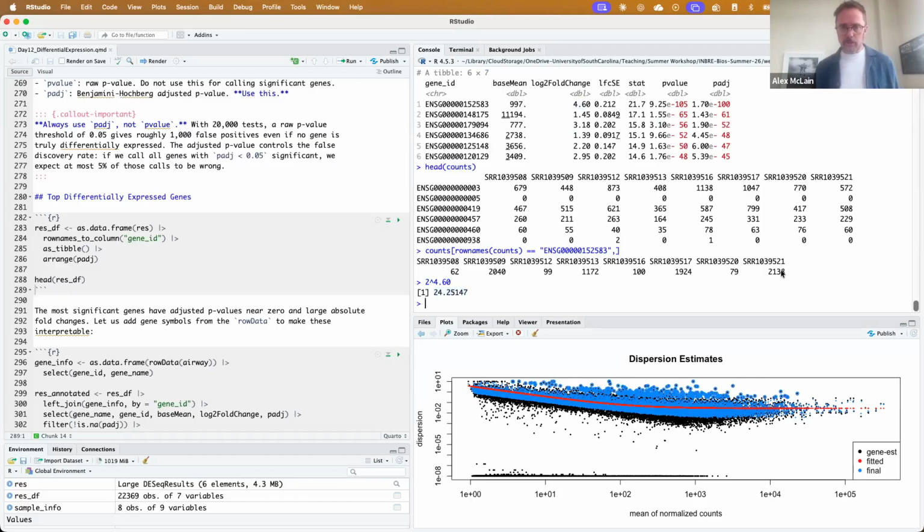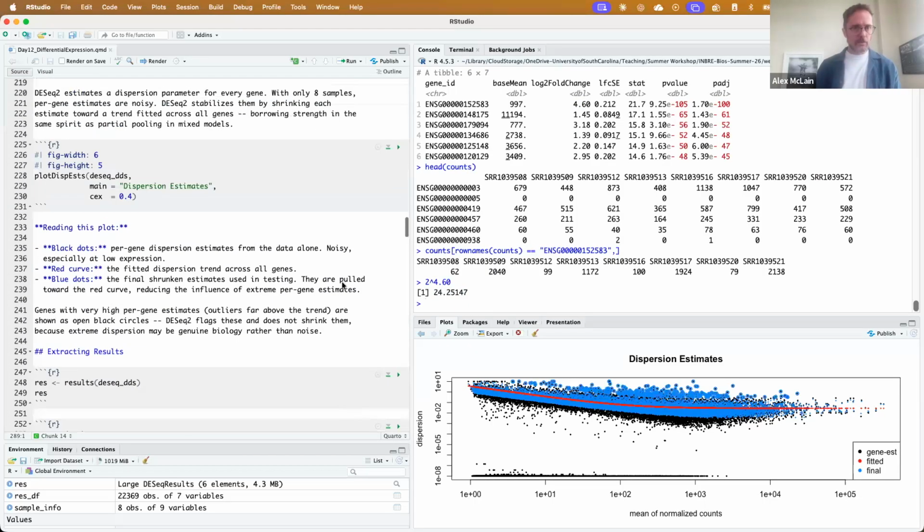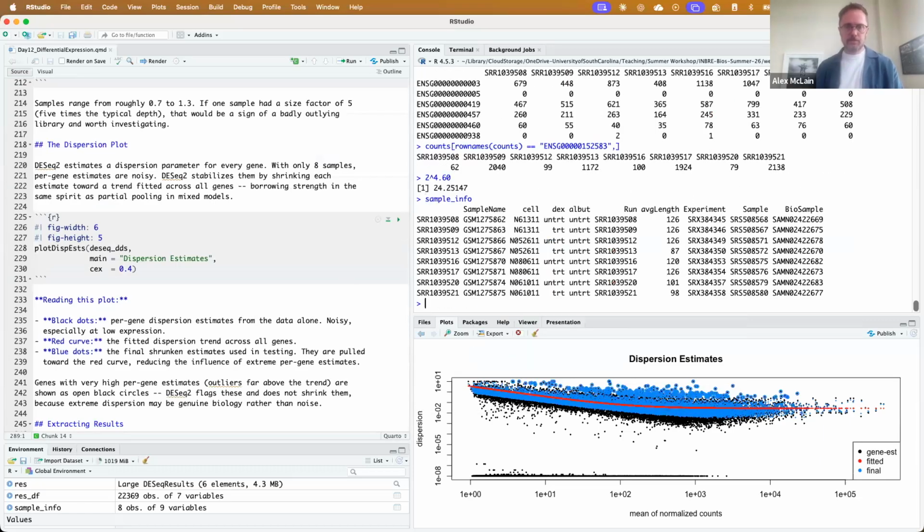Okay, so here's the data. Of course, we need to know who is treated and who is untreated here. I think it's sample info. Okay, yeah. So it goes untreated, treated, untreated, treated, untreated, treated, untreated, treated.